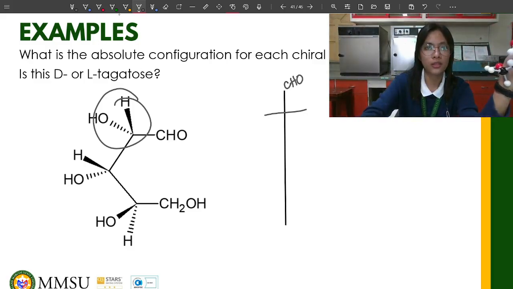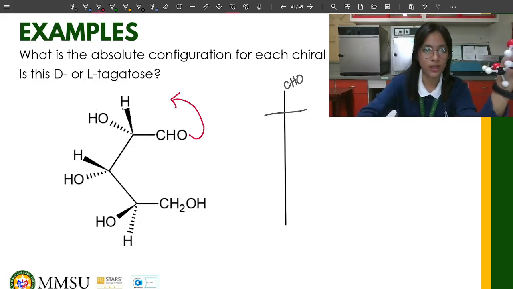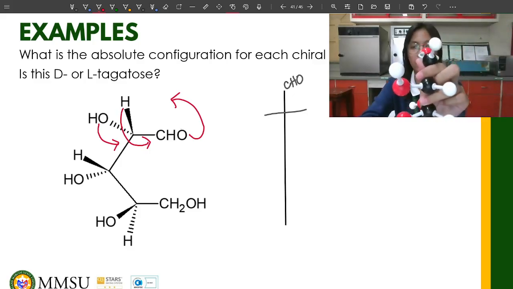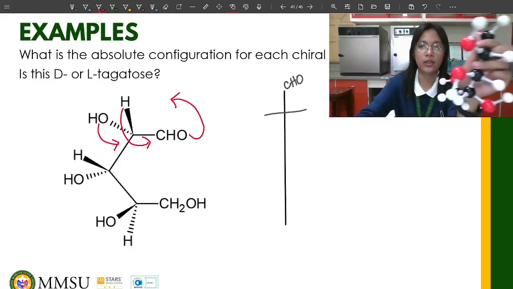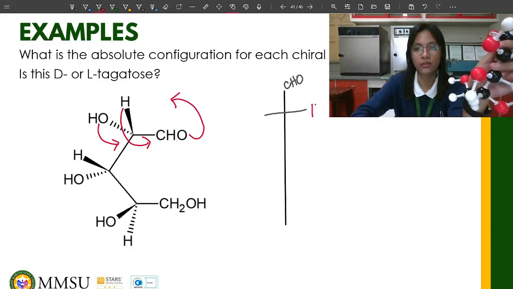If we turn this one, the hydrogen will go like this, and the oxygen will be here. So, it will first go to the right. You will see that the hydrogen is on the right. So, here is the hydrogen.